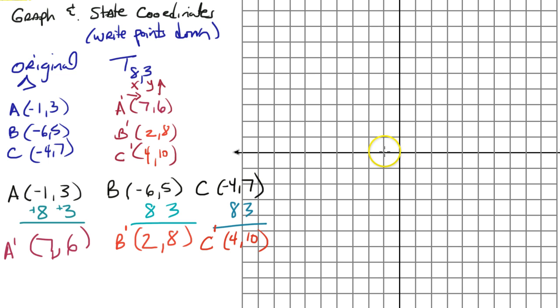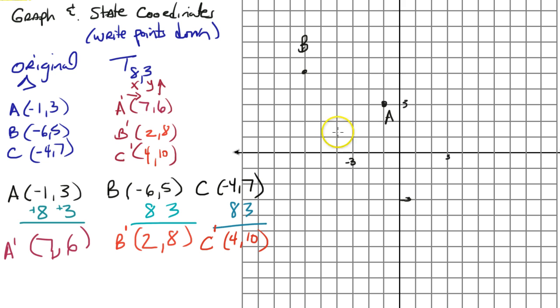So -1, 3. Backwards 1, up 3. So that's A. Back 6. Let's get some numbers on here. -6. Up 5.